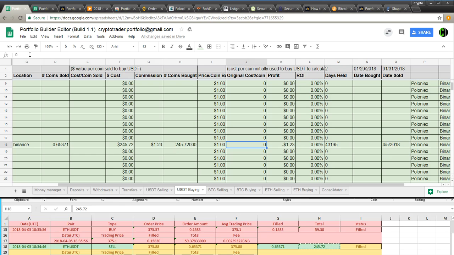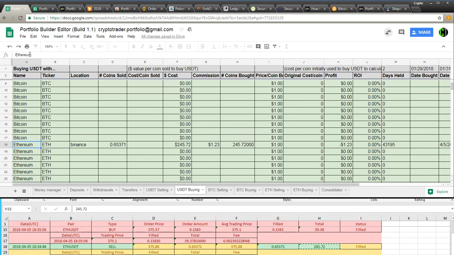Now to get the profit, I will need to look up the original cost of my Ethereum purchase. That can take a little research, because you want to find the very first instance you purchased Ethereum and use that price, because we're using the first in, first out accounting method.